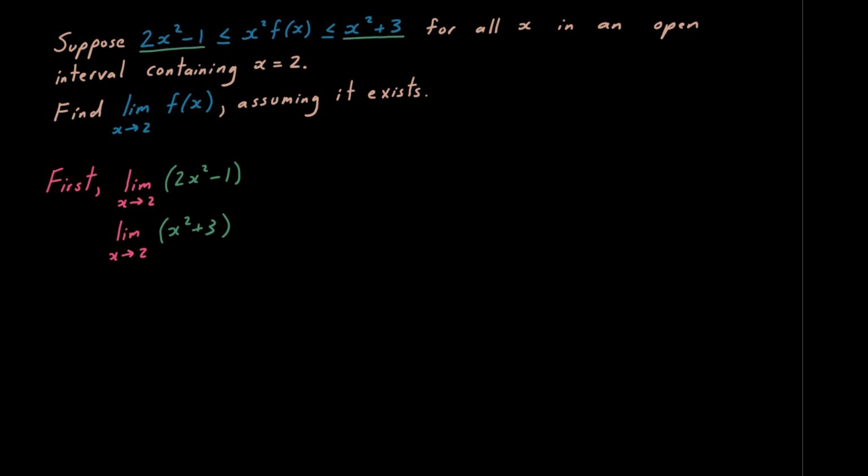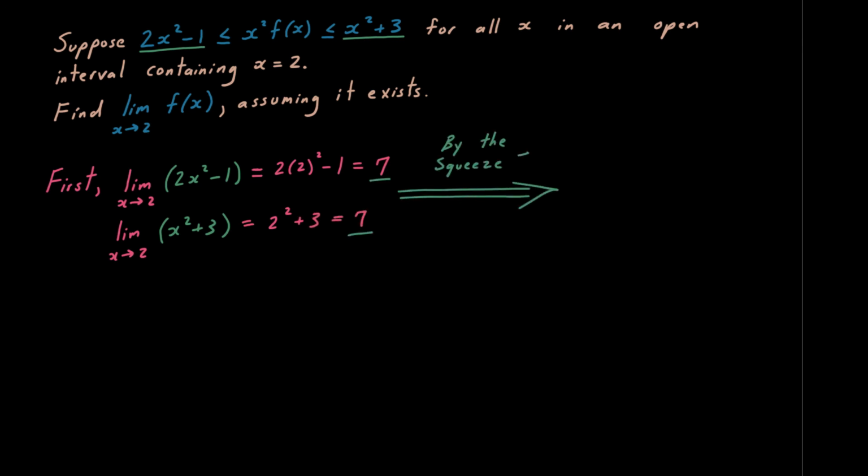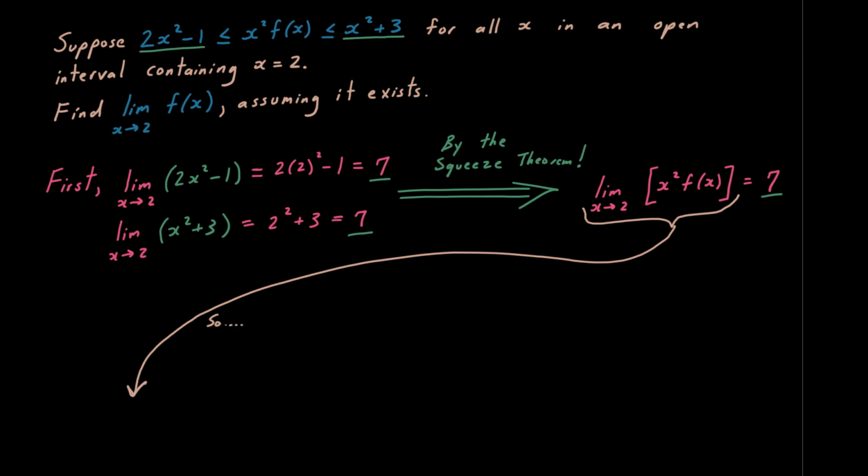Let's squeeze the lower buns and upper buns of our sandwich, and they both come out to be 7. That's a surefire trigger to use the Squeeze theorem. Since the lower and the upper bounds both approach the same number, that middle piece has to also approach the same number, or else it would not be a sandwich. That would not always be a true inequality.